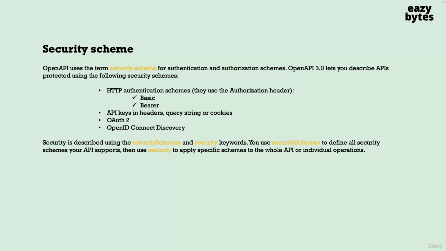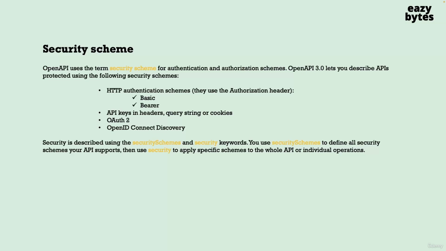Under these security schemas, we can define any of the security protocols or security standards from the above list. Like we have HTTP basic authentication, bearer authentication, OAuth2, OpenID, API keys. So from these 5 security authentication mechanisms, we can take one of them or we can take a combination of them and describe them inside our security schemas under the components object.